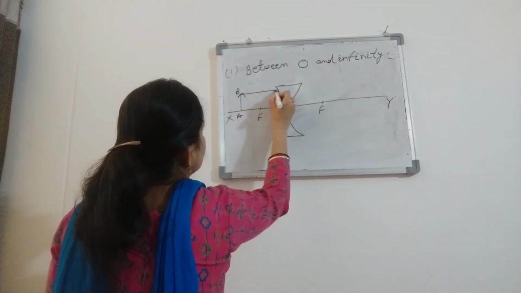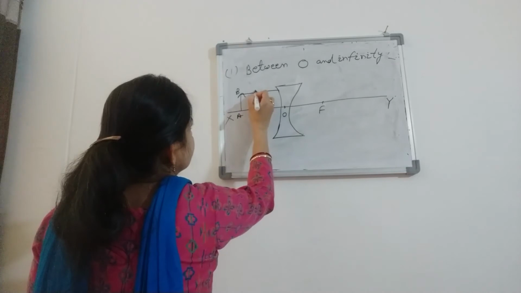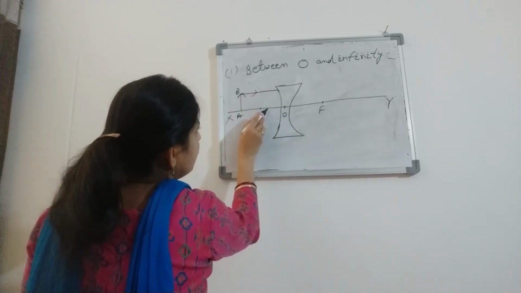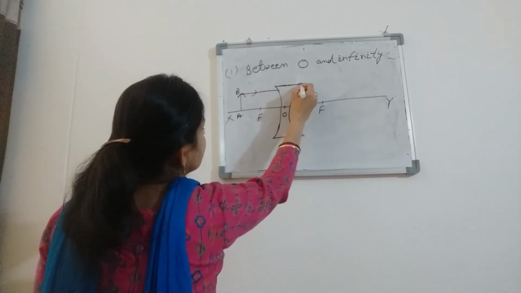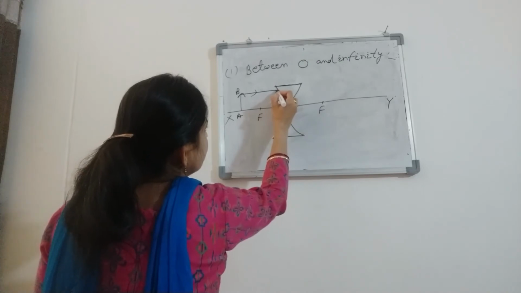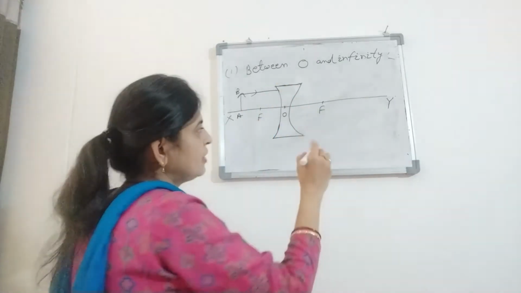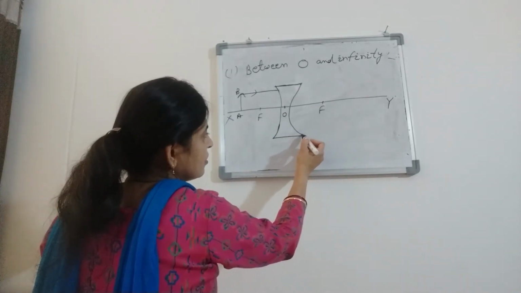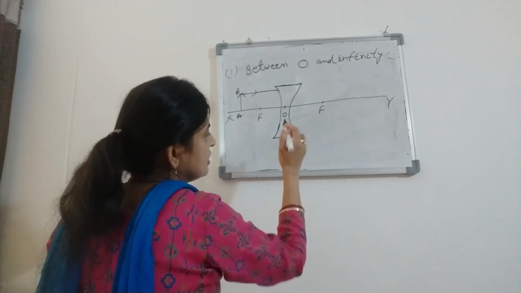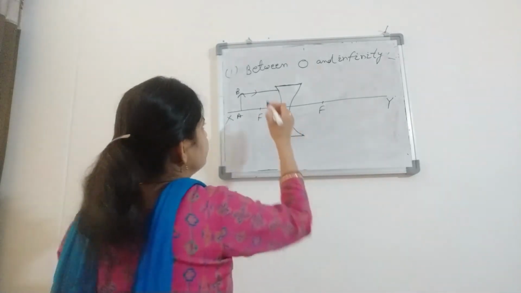So applying the first rule, draw the incident ray which is parallel to the principal axis and that will refract through the point F. But in case of your concave lens, the ray will diverge.